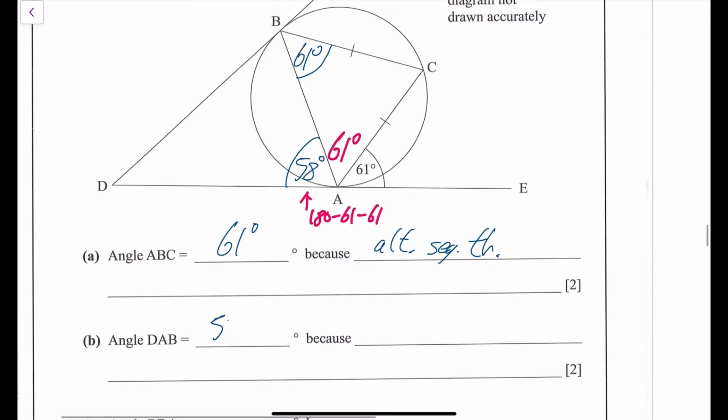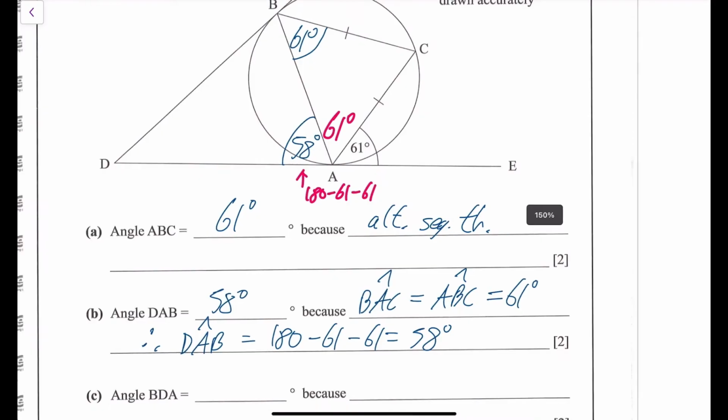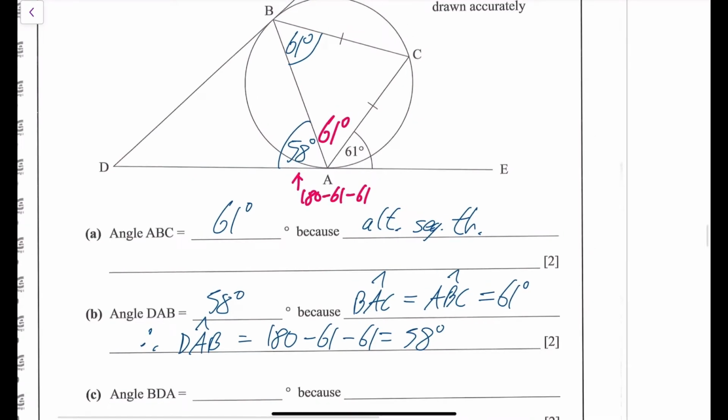I would say because angle BAC is equal to ABC, which is equal to 61 degrees because it's isosceles, therefore the angle we want, which is DAB, is equal to 180 minus 61, which is 58 degrees. Absolutely fine. Bound to be other ways of doing it. That's what I've done. Last one is the angle BDA.